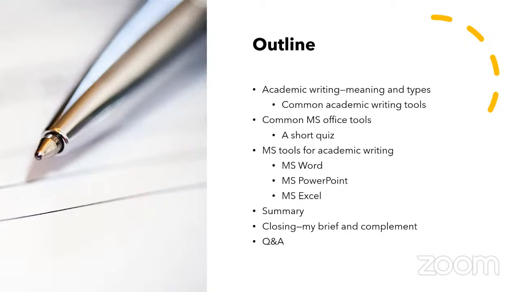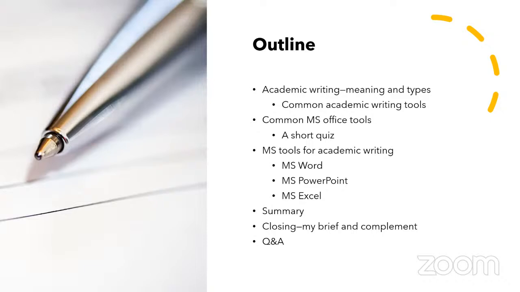But then we'll take a short quiz. So we would see what is our response to some very quick questions. So at least that will show some level of participation in the program.